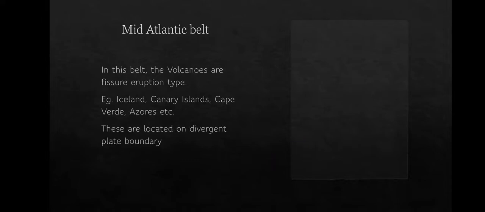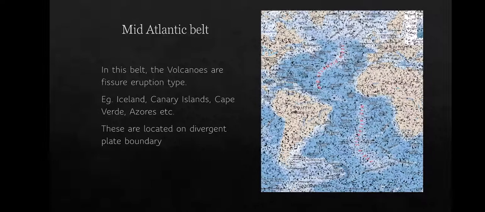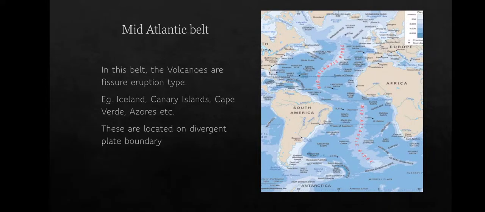In this belt, the volcanoes are of the fissure eruption type. Examples: Iceland, Canary Islands, Cape Verde, Azores, etc. These are located on divergent plate boundaries. Here you can see the Atlantic Sea. This is the mid-Atlantic belt of volcanoes.